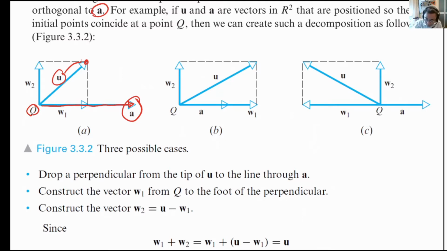The idea is that we are going to drop from the tip of u onto A, and we'll call this projection W1. Basically, W1 is a projection of u onto A.